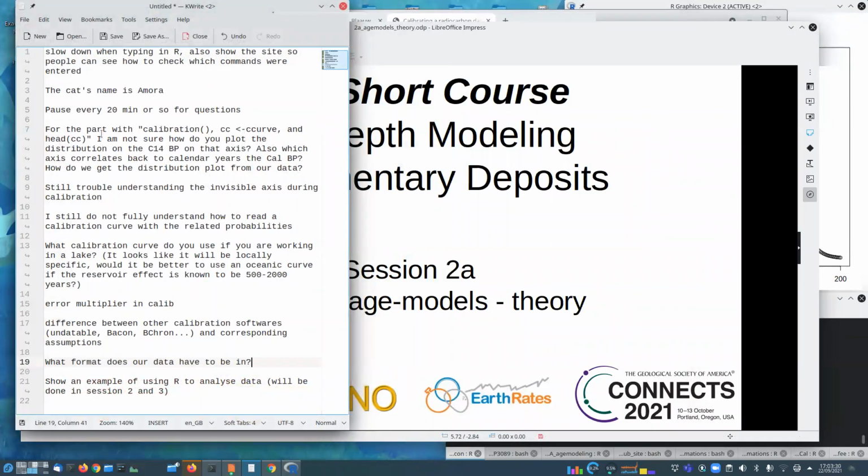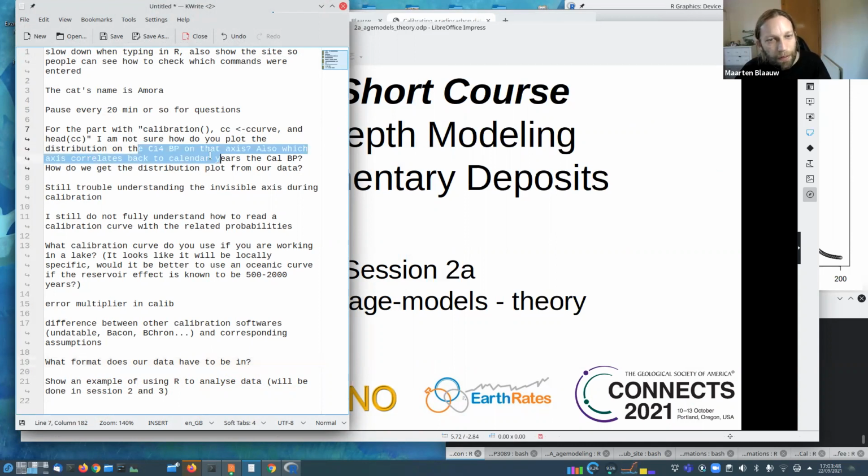Good. Okay, so there were some issues with the commands that we were giving to plot radiocarbon dates and calibrate them. How do you plot the distribution on the C14 BP axis, and which axis correlates back to calendar years?